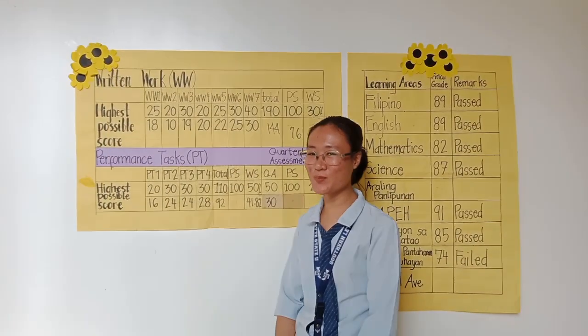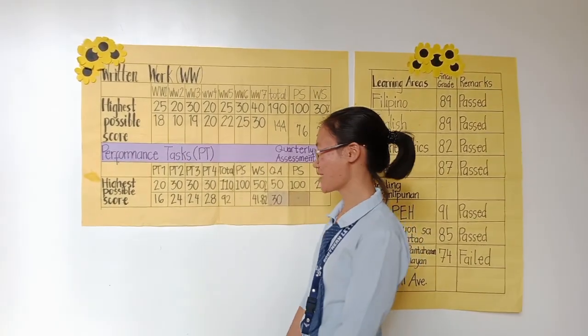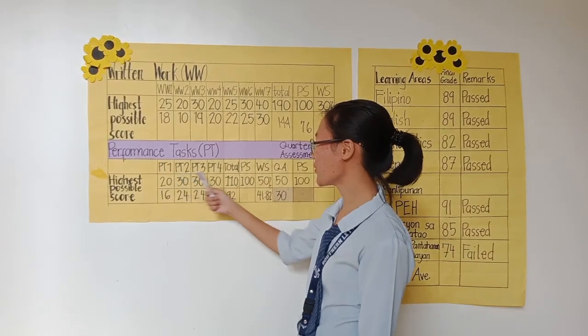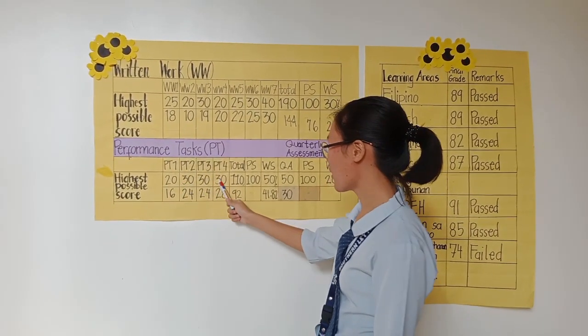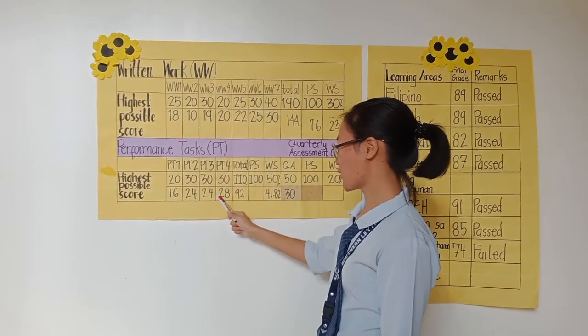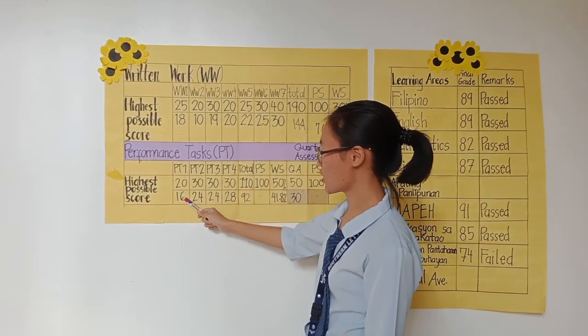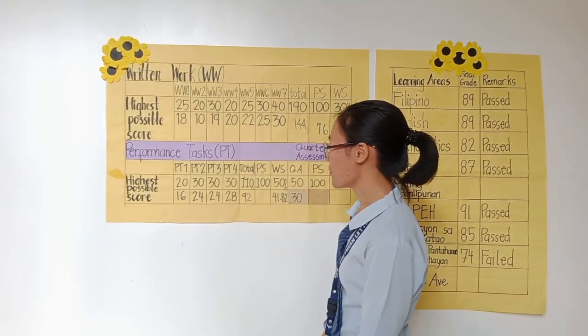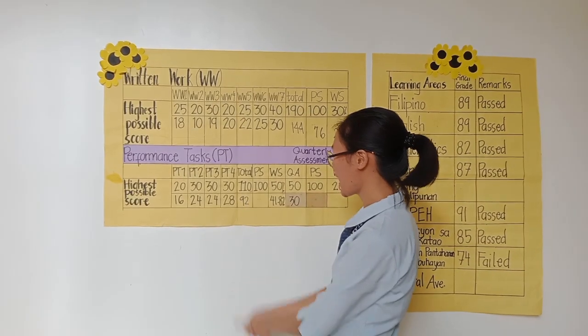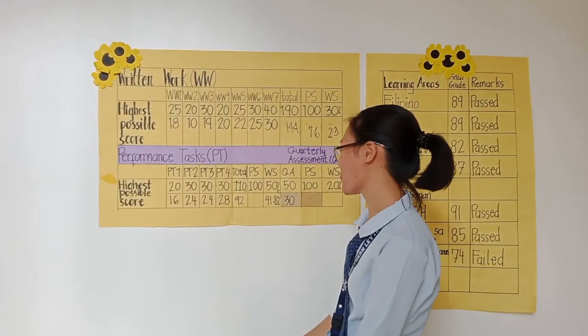We will now compute the performance task of Miss Maris. We have here the performance task 1 to 4 and its highest possible score and its raw score. So we will add its raw score, which is 16 plus 24 plus 24 plus 28 equals 92.